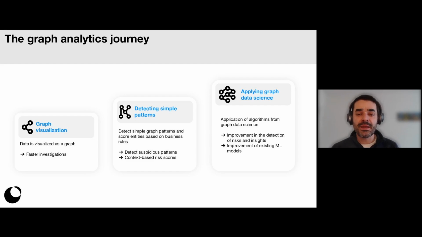And then it makes sense to start detecting several patterns within the graph, for example, using graph patterns to score entities and to detect suspicious patterns. And then finally, you can apply graph data science, and that means applying the algorithms from graph data science, the algorithms that we mentioned earlier, and can help improve the detection of risks and insight, just like it can help improve existing machine learning models.